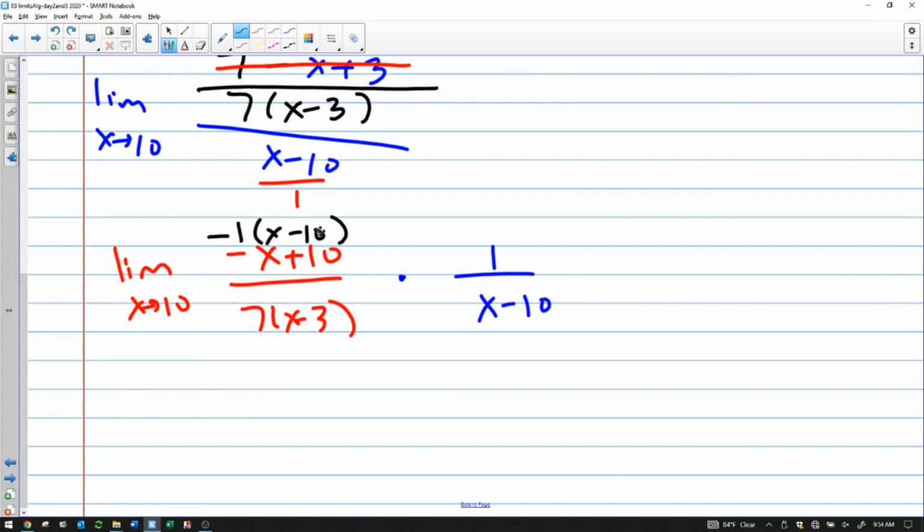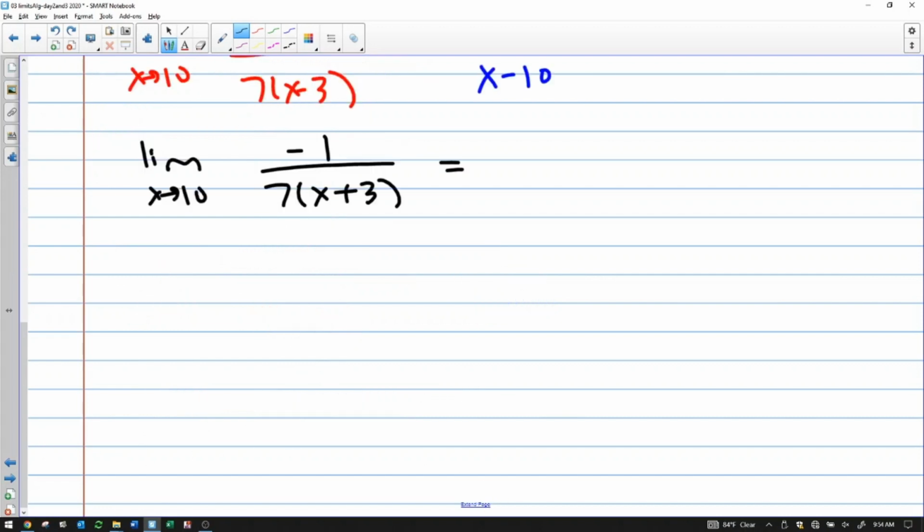You guys see that? If I take out a negative 1, I'll get x minus 10 there. And so if I do that, do you see now the x minus 10s cancel, okay? They don't just disappear though. What do they cancel to? 1. This becomes a limit as x goes to 10 of negative 1 over 7 times the quantity x plus 3. I'm ready to plug in.